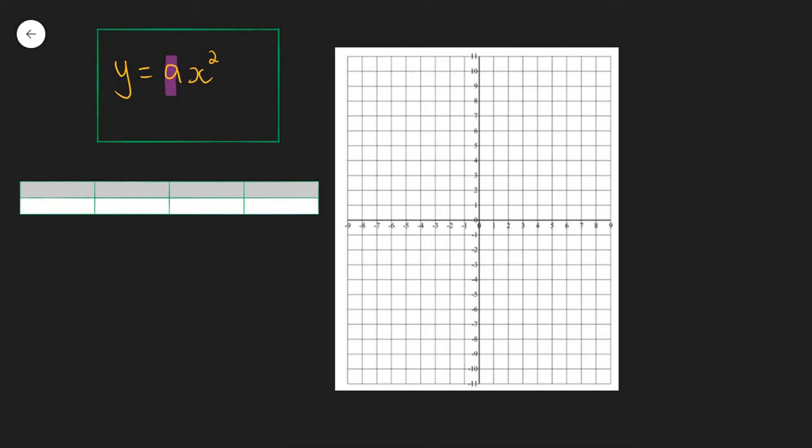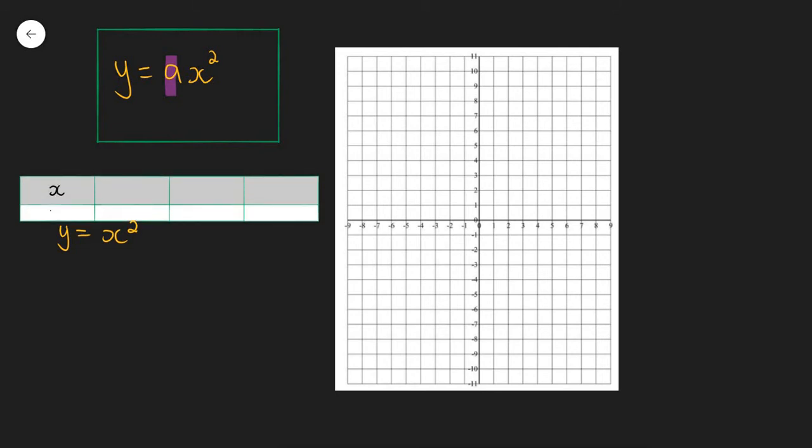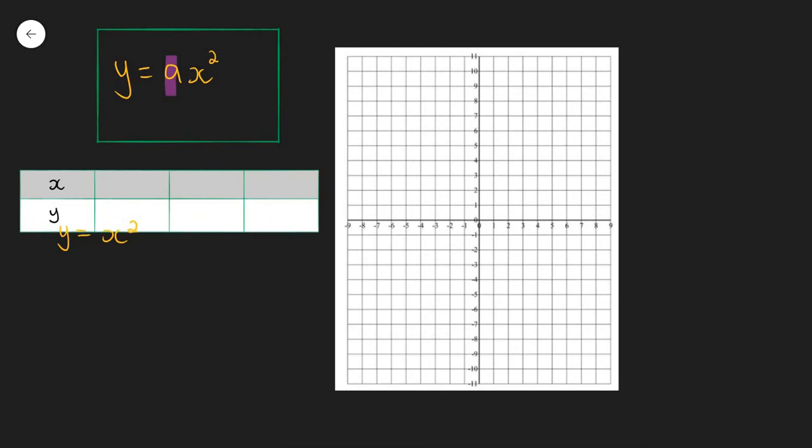Alright, let's think. Y equals x squared. We're just going to do that basic graph, and let's use the table method to draw it. So we're going to have an x and a y.